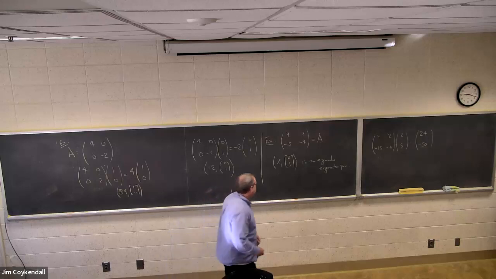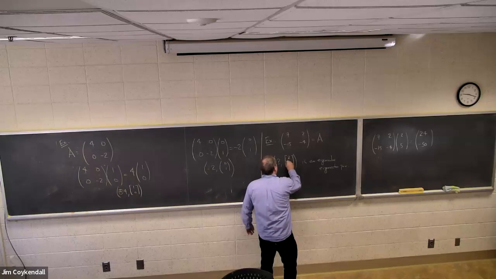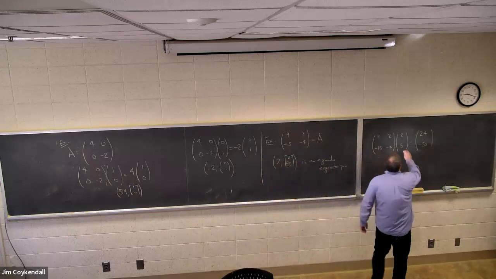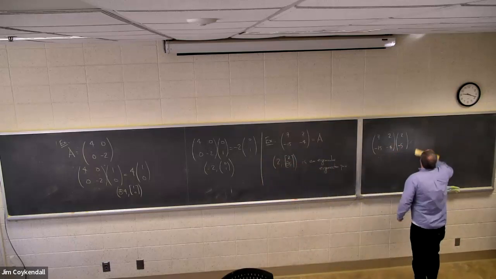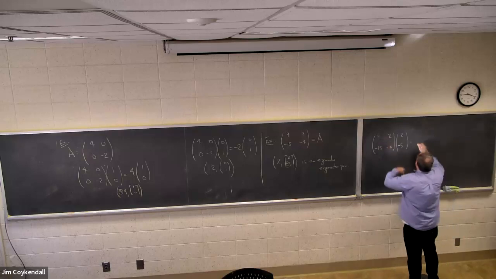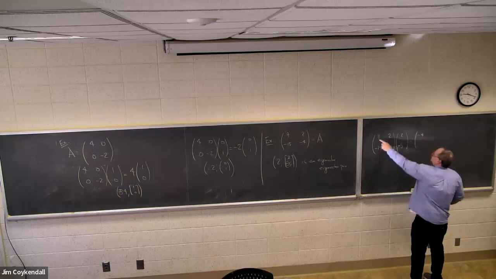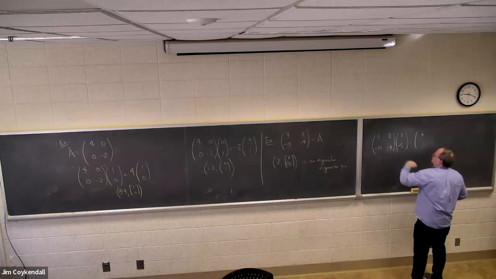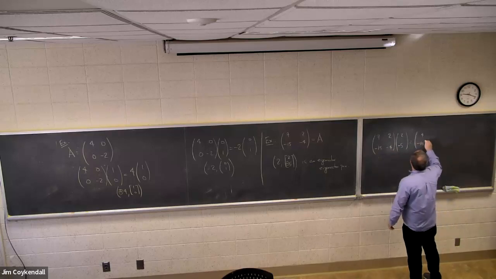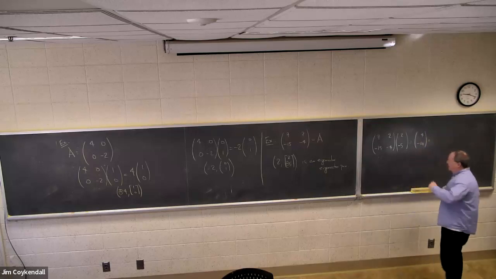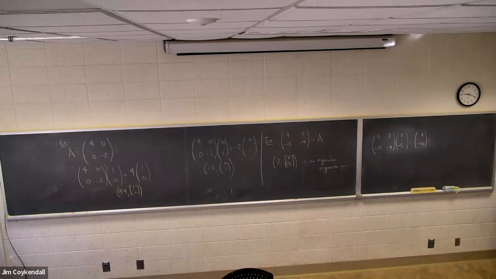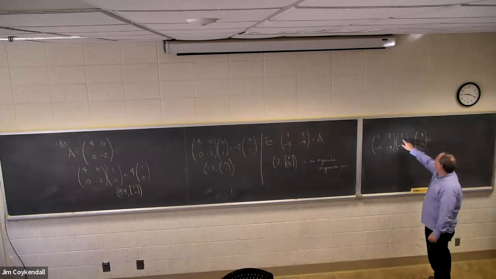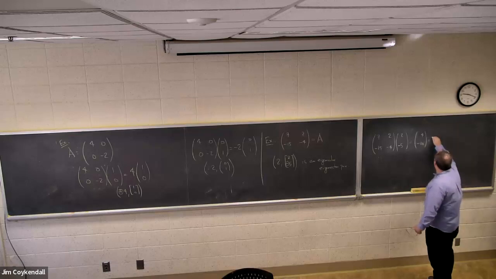Let's try that again. It's 14 minus 10, which is 4, and minus 30 plus 20 is minus 10. Can you tell me now what the eigenvalue is? Yeah, that's right, because I've just taken my vector and stretched it by 5. So this is 2.